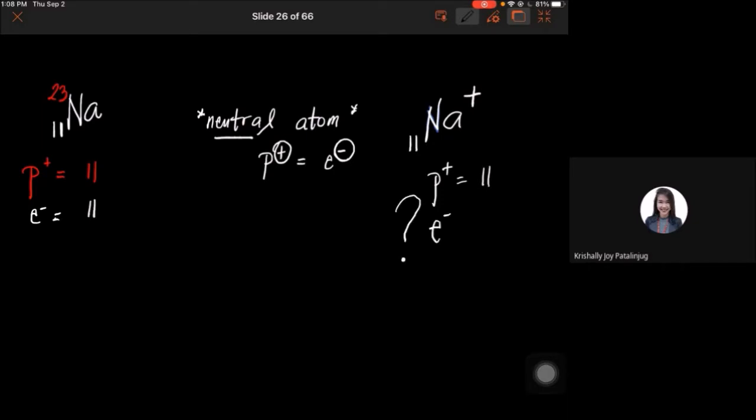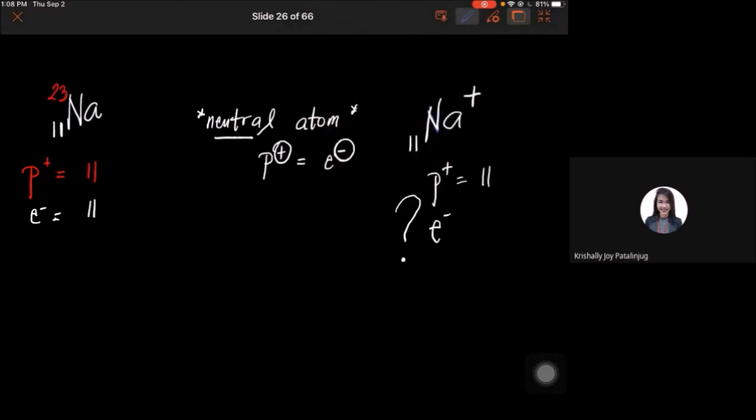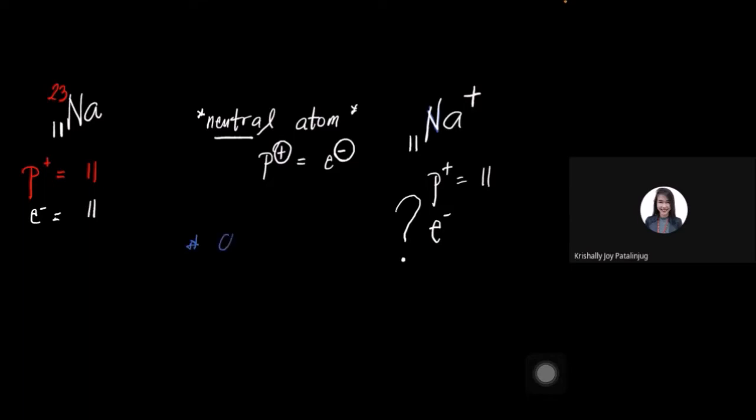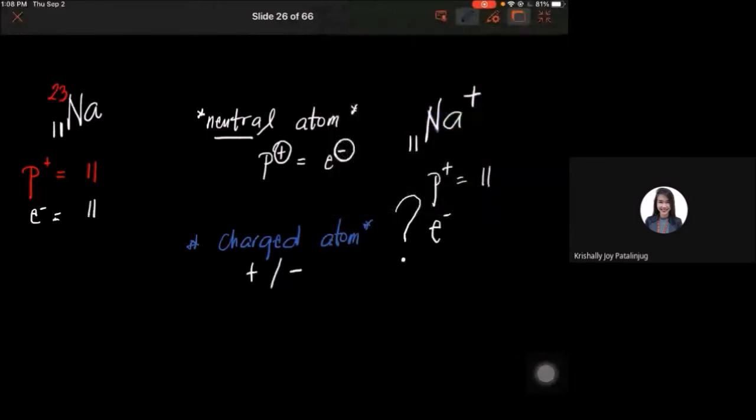Now, you have to take note this, class, that whenever the atom is already charged, ibig sabihin ng charged atom, meron siyang positive charge o kaya negative charge na makikita sa symbol niya, then that is an indicator yan na yung particular atom na yan loses or gains electron.